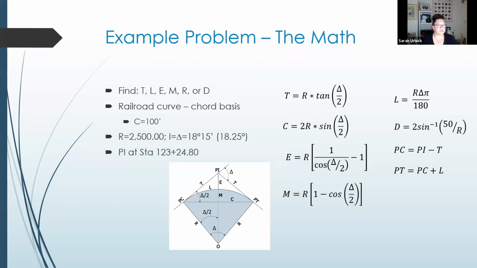We know where our station is for our point of intersection. We know that that's going to be the midpoint of our arc. So based on what information we have, we know that since it's a railroad, we're going to use the chord basis, which means our chord is going to equal 100 feet. So starting at the top, if we know our chord, we know our angle, we know our radius, we can find the length of the arc.